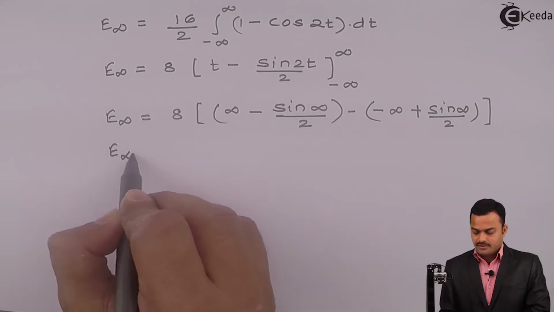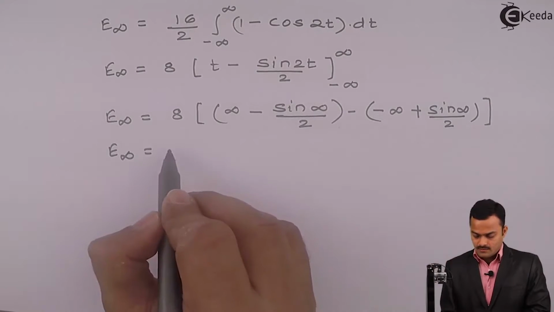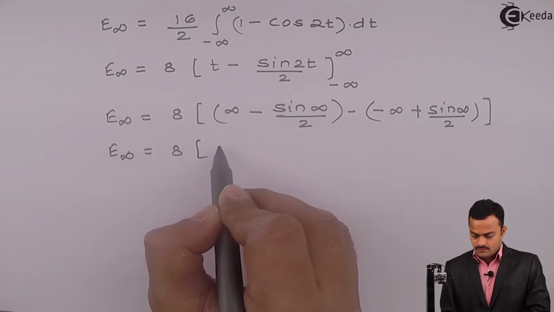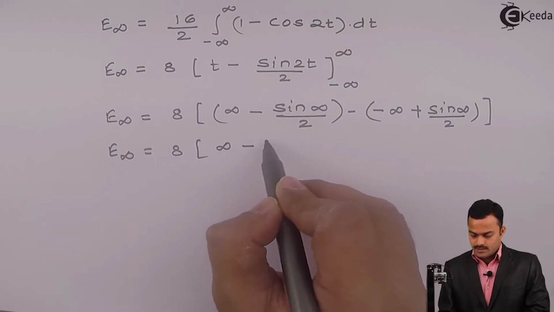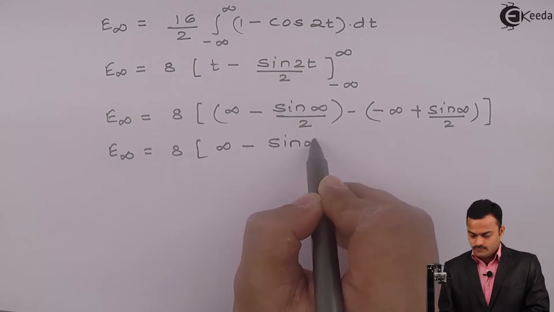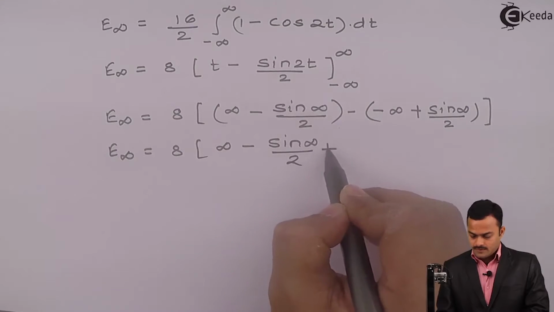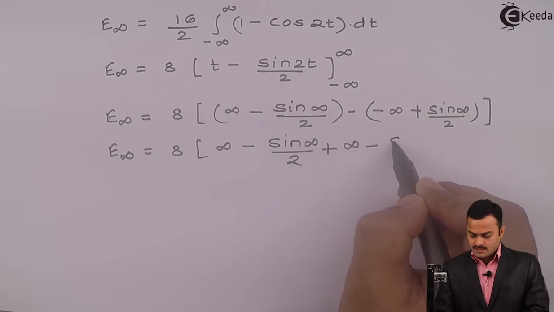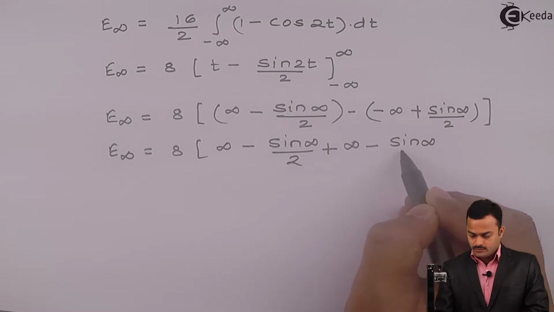After solving this, I will get infinity minus sine infinity by 2 plus infinity minus sine infinity by 2.